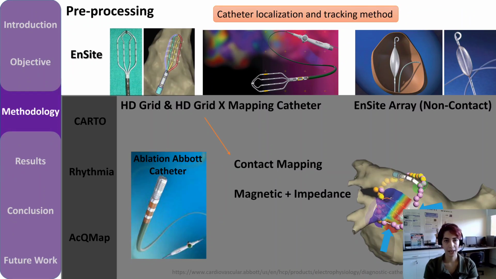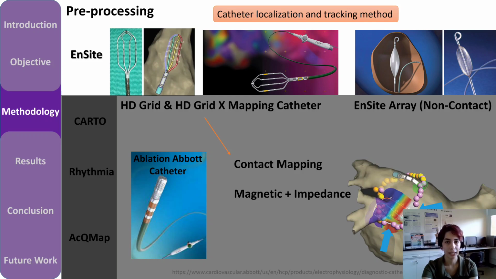Here, I'm talking about inside a system and different types of catheter that this system has. So there are 2 types of catheters here, HD Grid and HD Grid X, which follow the contact mapping technique, and they use both magnetic and impedance field for creating the anatomy.